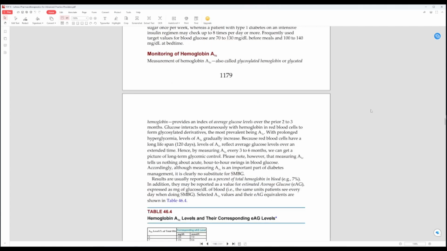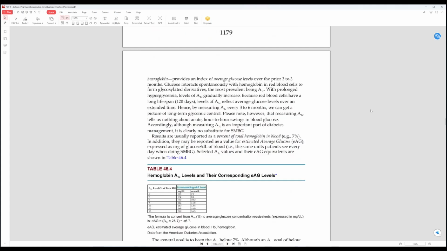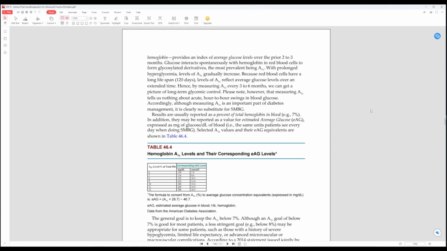Measurement of hemoglobin A1C, also called glycosylated hemoglobin or glycated hemoglobin, provides an index of average glucose levels over the prior 2 to 3 months. Glucose interacts spontaneously with hemoglobin in red blood cells to form glycosylated derivatives, the most prevalent being A1C.